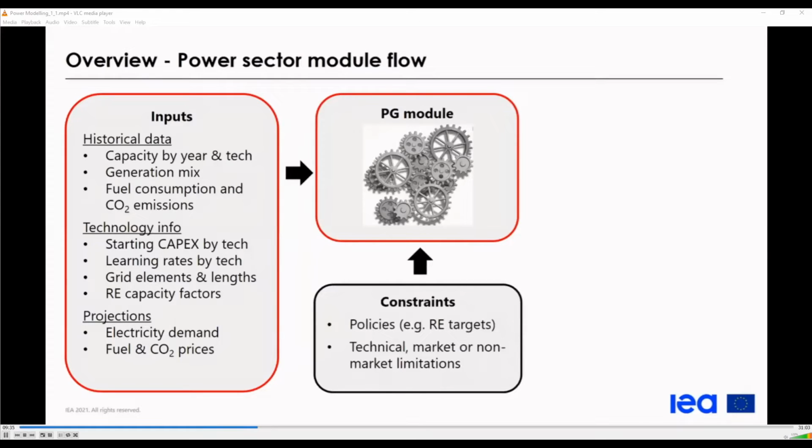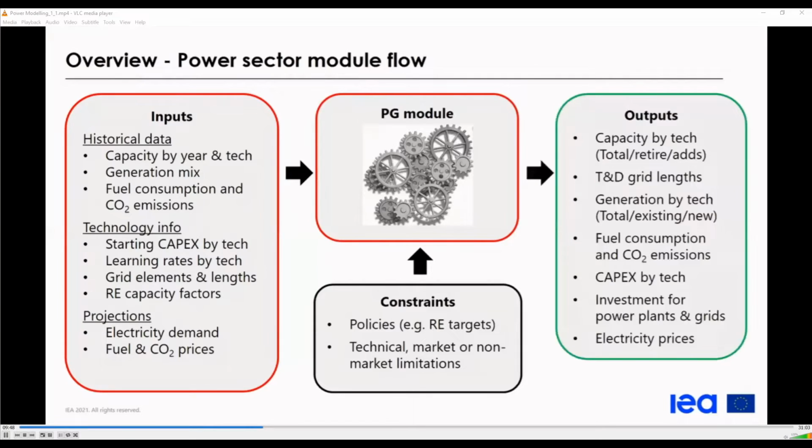Other policies than CO2 pricing can be renewable energy targets, but other constraints can be market or non-market related or technical. And as output, we are able to derive capacity, the network length, generation, fuel consumption, cost, investment, and electricity prices that would then be implemented as a feedback loop for the electricity demand module.